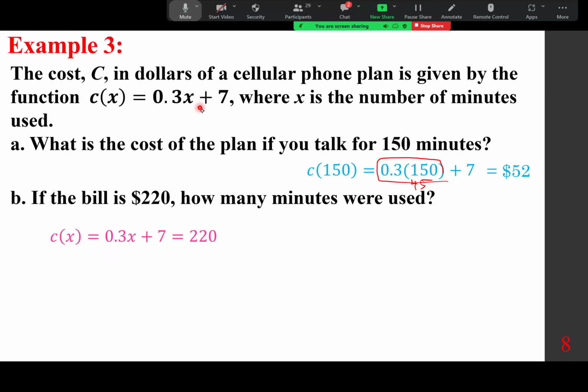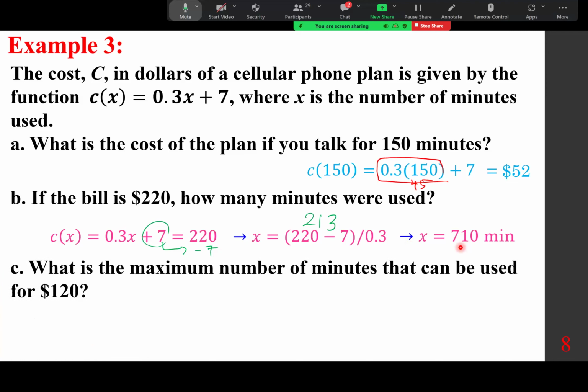So we subtract 7 from 220 and we divide by 0.3. It becomes 710 minutes. So if it costs 220 bucks, that means this much talk.